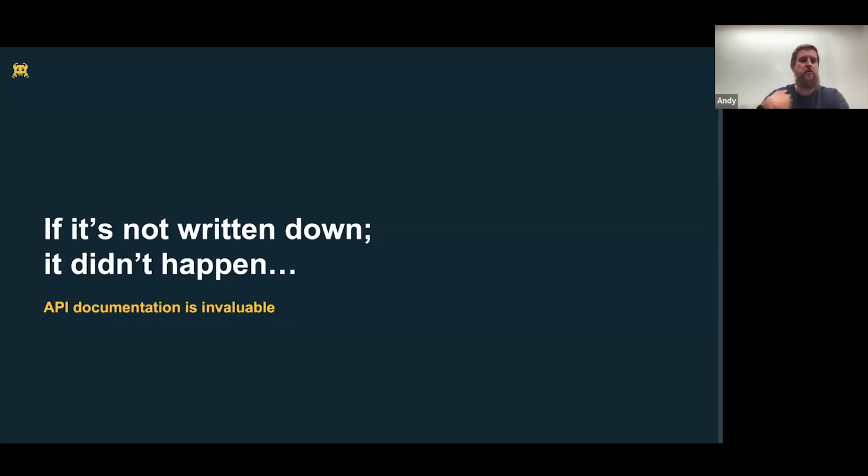Instead, you send a request to an API and you get a response. You don't know whether that API request was correct or not. How do you know if you found all of the potential requests that the API accepts unless this documentation exists? There's a lot of functionality and tools out there at the moment to allow you to automatically document APIs, but this really will feed into the vulnerability management and vulnerability scanning process.